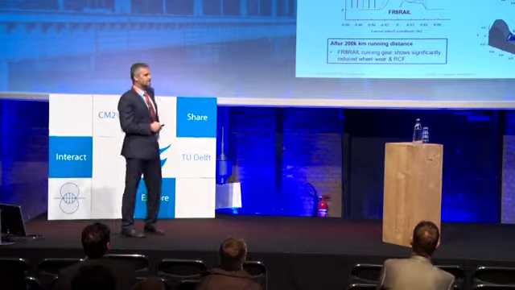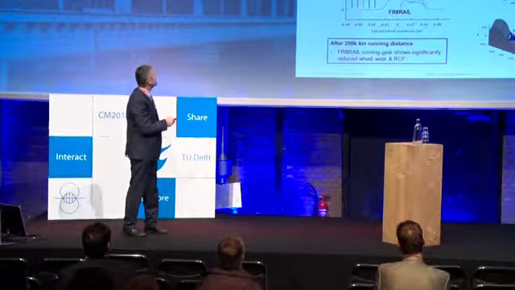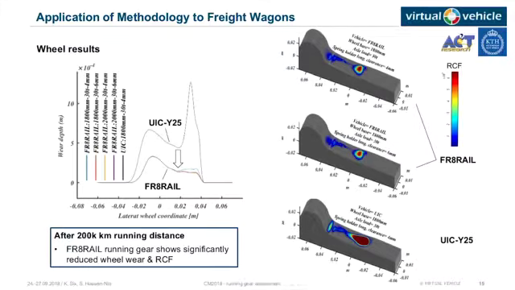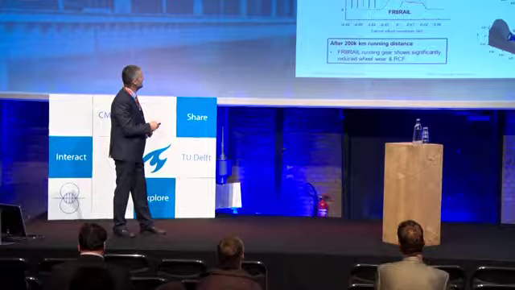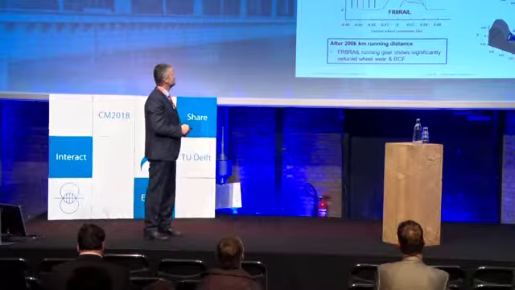Results for the wheel. On the left-hand side, wear results. Comparison, the UIC bogie versus the freight wheel bogie. You can see a significant reduction of the wear for this certain track, and a reduction also in the flange wear. On the right-hand side, you see the results for the RCF.